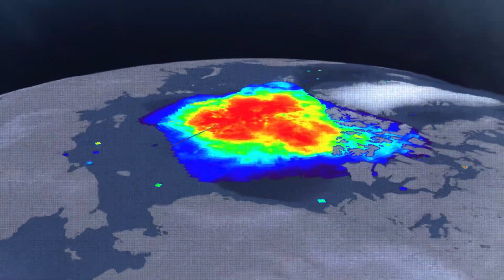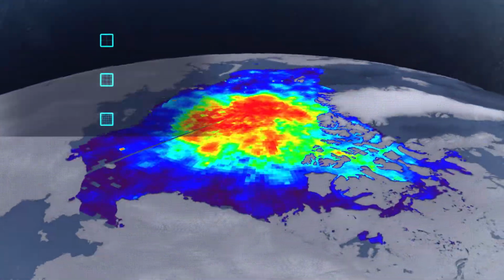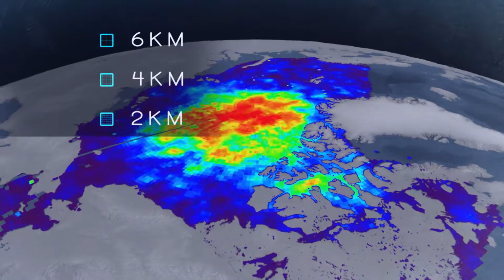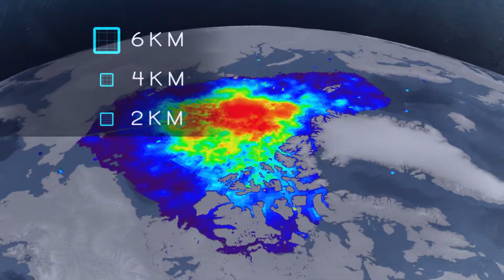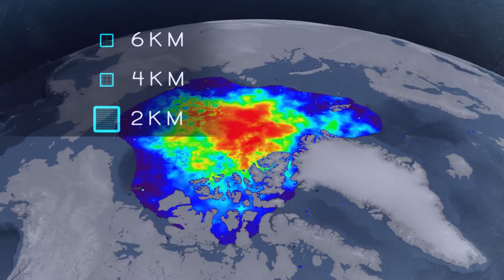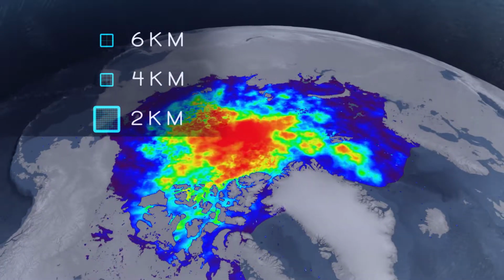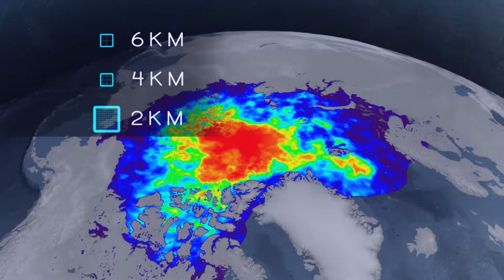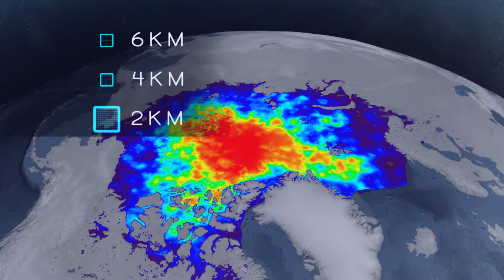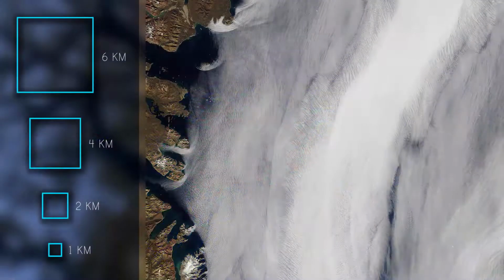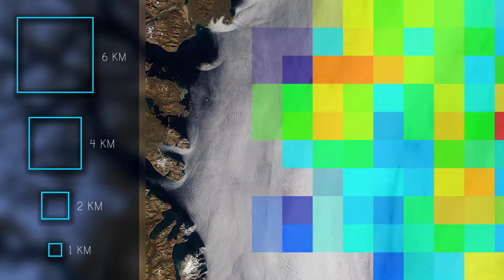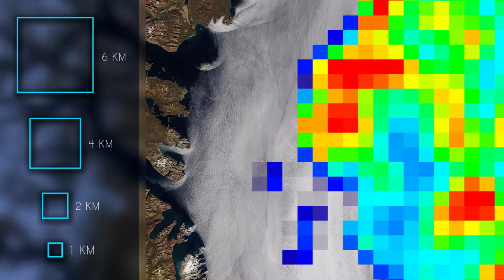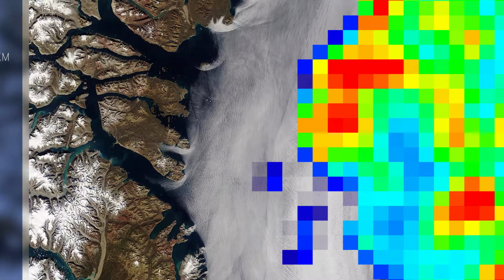So far, we have developed 4 different versions of HIOMAS with 4 different horizontal resolutions. 3 versions of HIOMAS have 6, 4, and 2 kilometer resolutions for the whole Arctic Ocean. The fourth version of HIOMAS was developed most recently, which has a 1 kilometer resolution covering only Arctic waters.